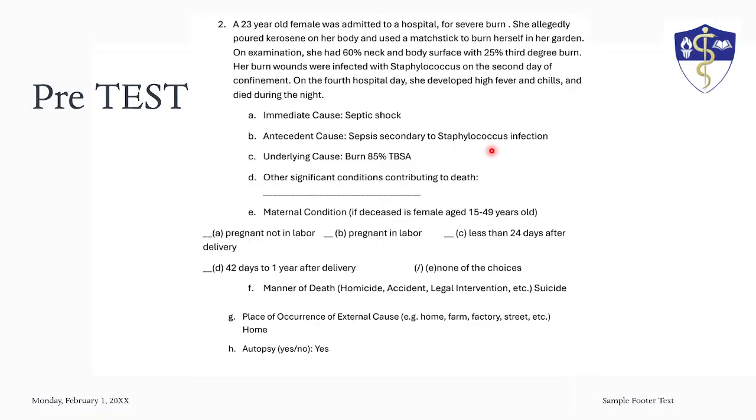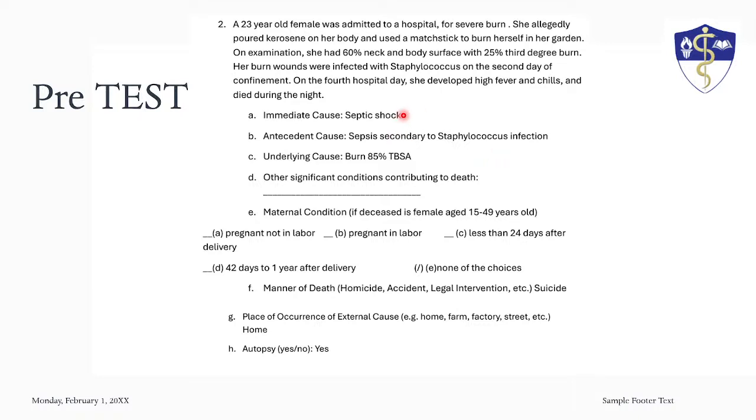So immediate cause, septic shock. There's the word shock again here. In our last lecture we used traumatic shock. Now, is it wise to use septic shock?